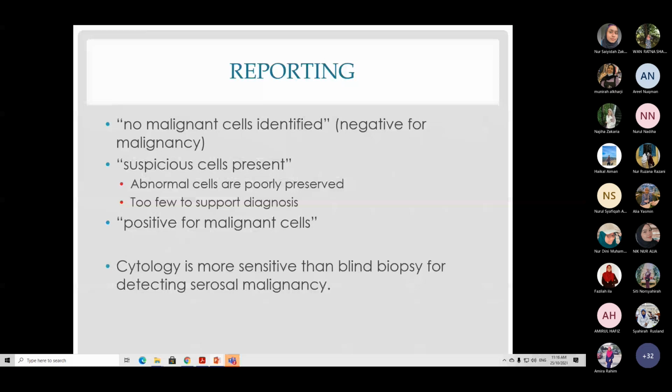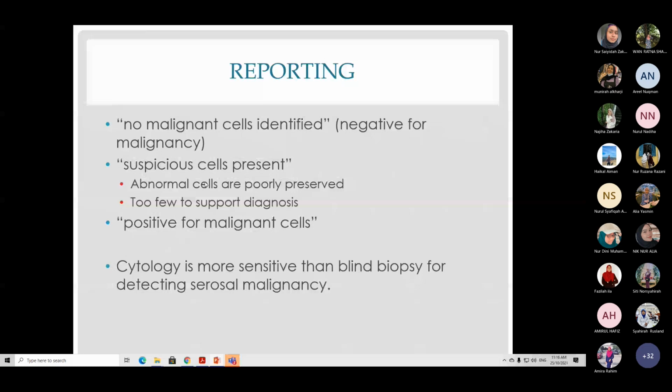After you check your slides under the microscope, if there are no malignant cells identified, you report it as negative for malignancy. But you can put suspicious cells present if you can't decide whether it's negative or positive.